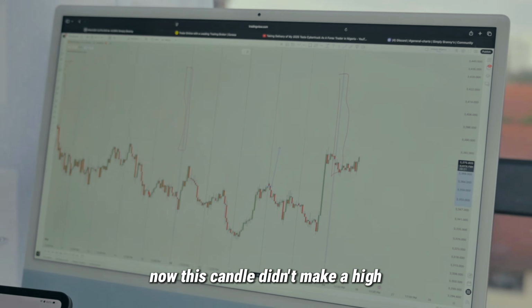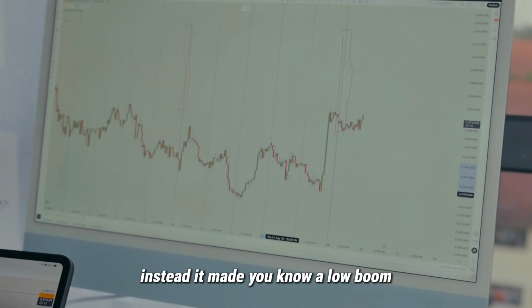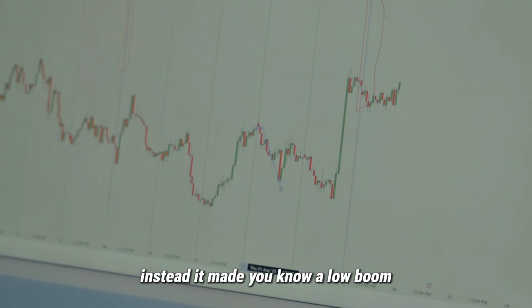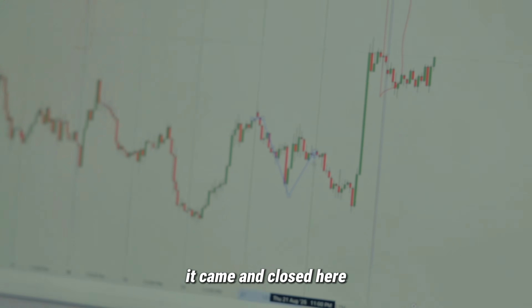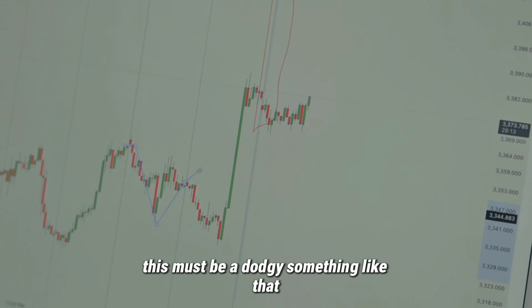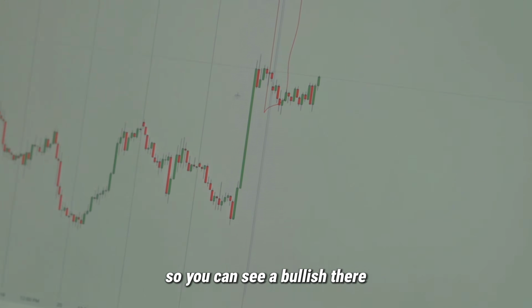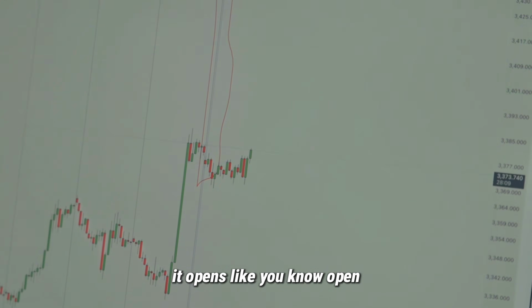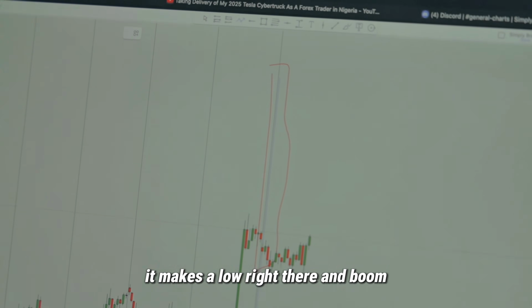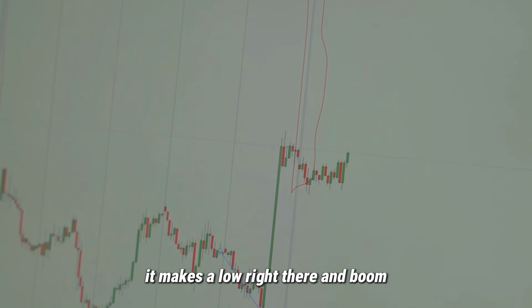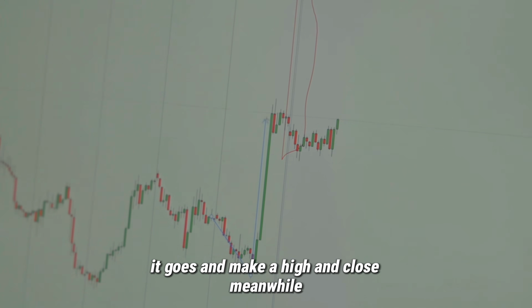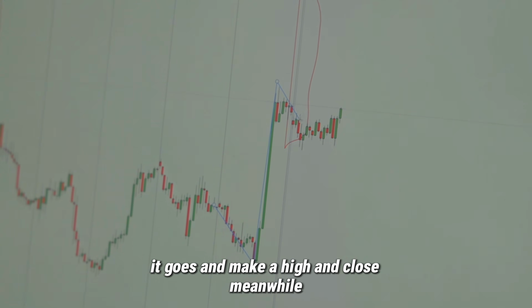This candle didn't make a high, instead it made a low. Boom, it came and closed here. This must be a doji, something like that. So you can see a bullish there. It opens, makes a low right there, and boom, it goes and makes a high and closes.